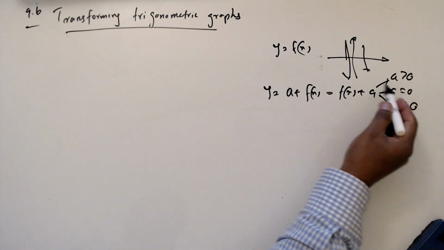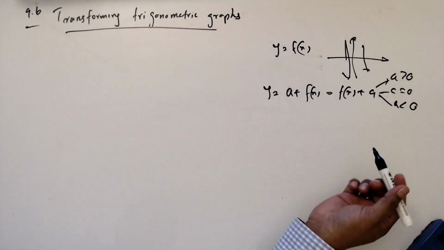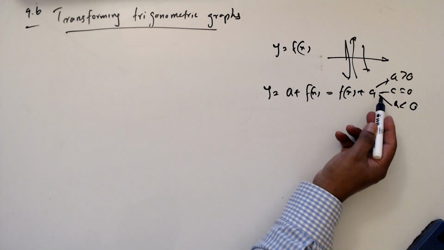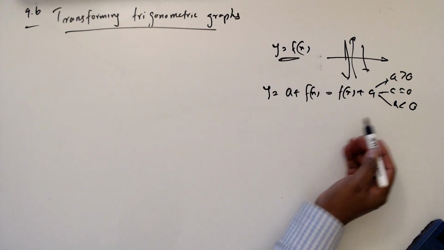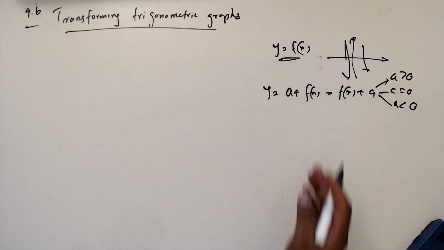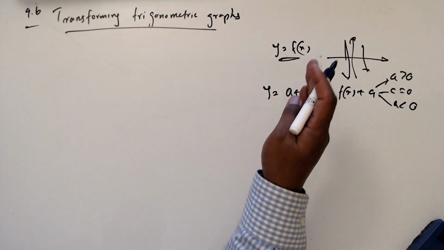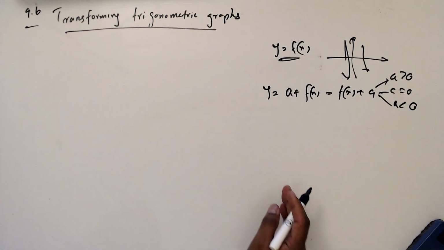If a is greater than 0, we are shifting up. A equal to 0 is the same graph. A less than 0, we are moving vertically down.